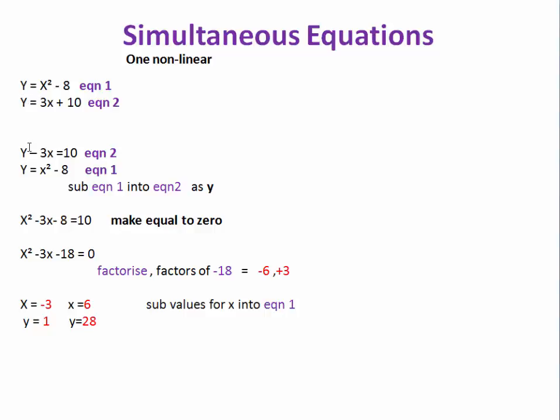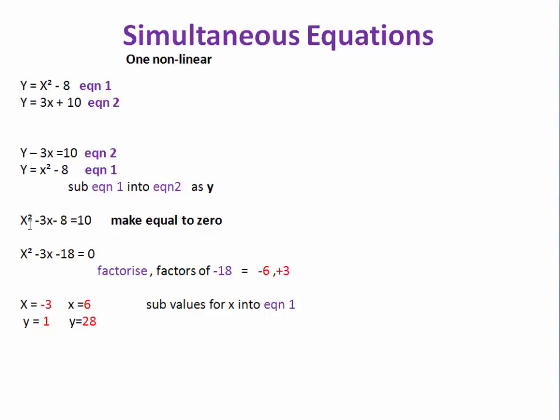Because this y can be substituted with this quadratic, so we can make the y equal this x squared minus 8. So here we would have x squared minus 8 minus 3x equals 10.